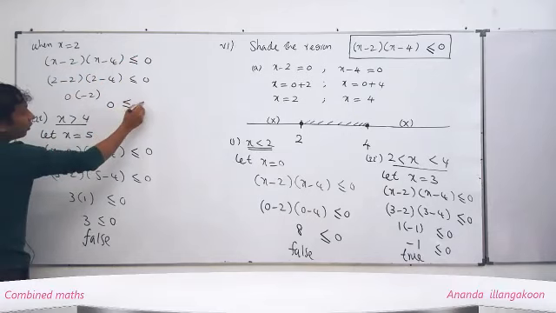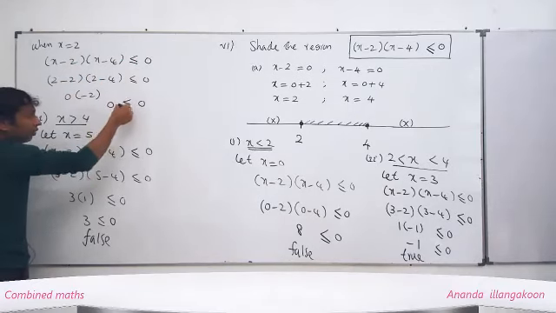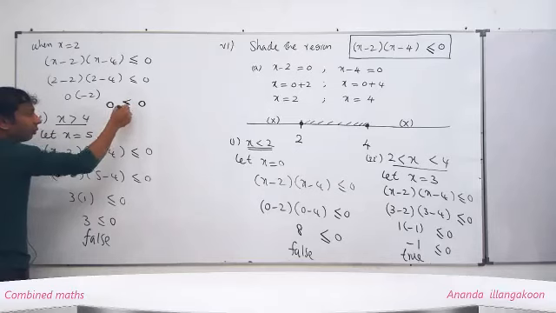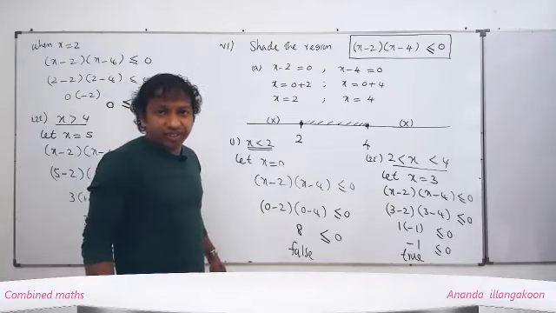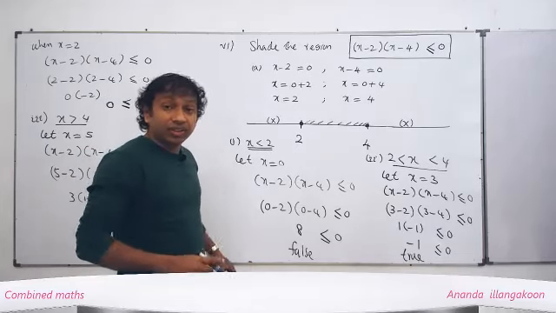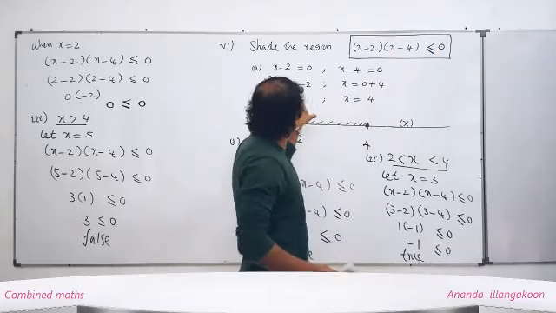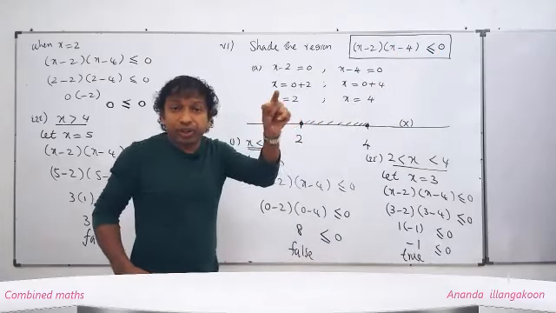Less than or equal to 0. On the right hand side we have 0. 0 equals 0, so this equal sign becomes valid. That is why, at the very beginning, since here we have equal sign, we accepted 2 and 4 by circling at 2 and 4 and coloring that.